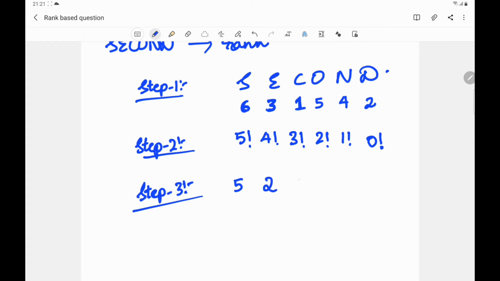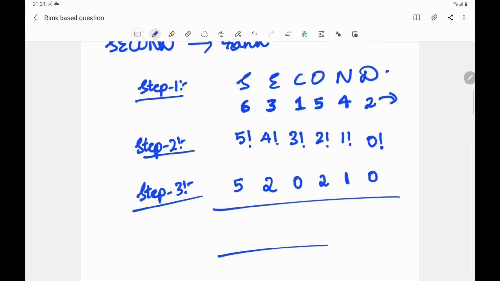And C, since it is the first, the rank is 1, there won't be any ranks less than 1 because rank starts from 1. And similarly for the 5, there are only 2 ranks that are less than 5. For 4, there is only 1 rank that is less than 4, and for 2 to the right of it there is nothing, so this is 0.